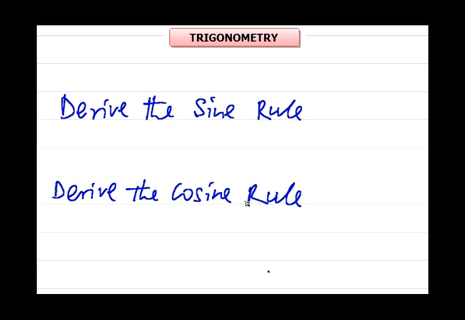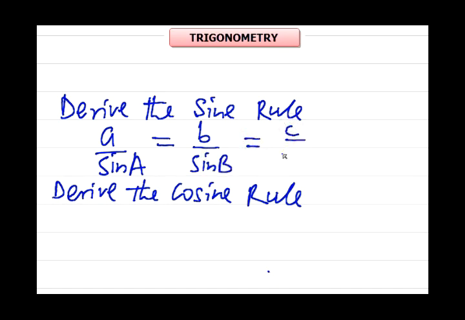And now, do you know how it looks like? Sine rule. It says that a over sine A is equal to b over sine B is equal to c over sine C. Okay, now take note of the letters.